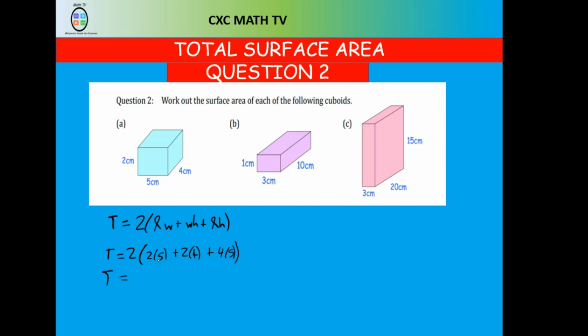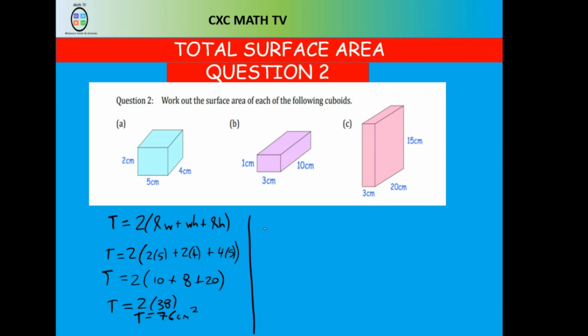This works out to be 2 times 5 is 10, 2 times 4 is 8, 4 times 5 is 20. 20 plus 10 is 30, 30 plus 8 is 38. So it works out to be 2 times 38, which is 76 centimeters squared. That's the total surface area.